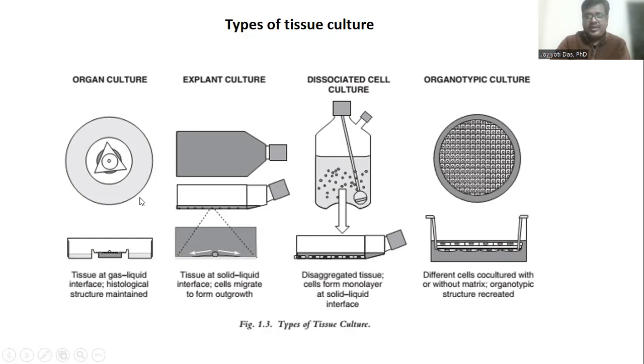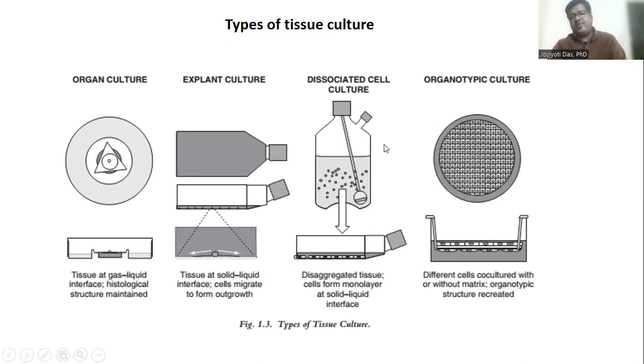the tissue in its three-dimensional form as it would occur in vitro. And there is the explant culture where you are culturing part of the tissue as an explant that you have taken out from a particular organism, and then the cells will start migrating out from the tissue into the culture vessel, and the cells will start growing independently.